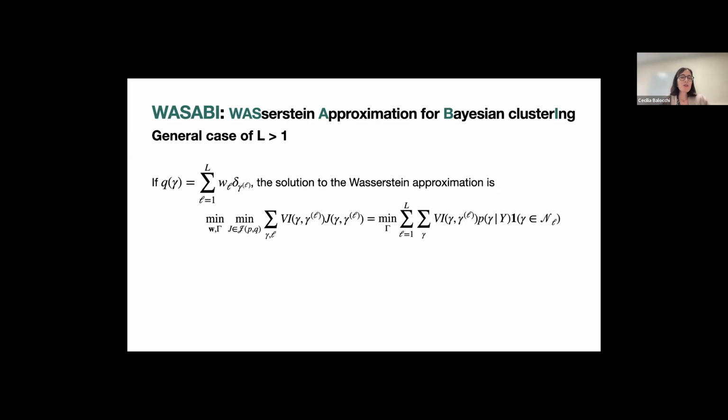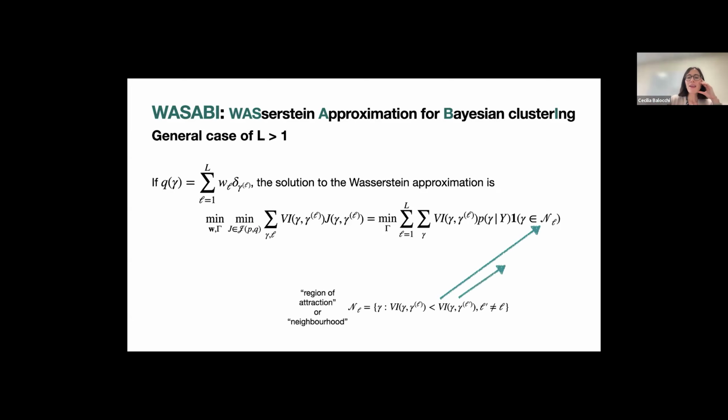There are various reasons why we might want to use partition-specific losses, and these could be distances on the space of partitions. Two of those, listed here, are the Binder distance and the variation of information distance. Because of the various properties of these distances, we're going to focus on the variation of information loss.